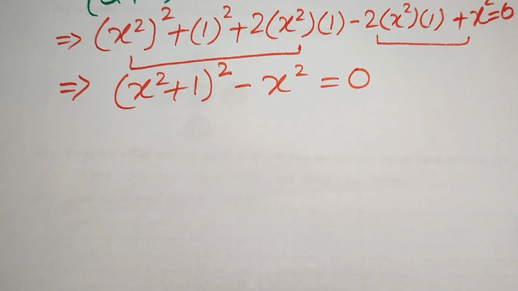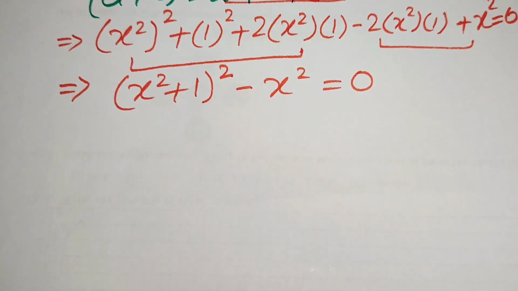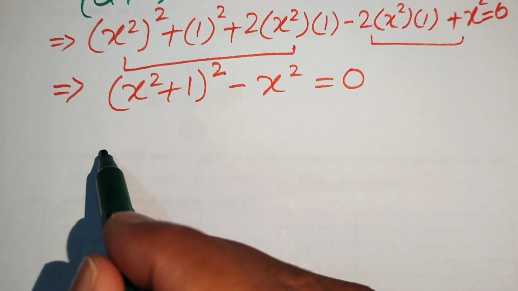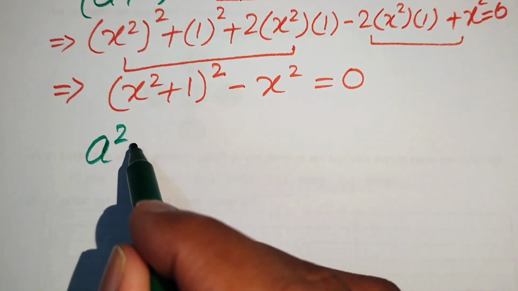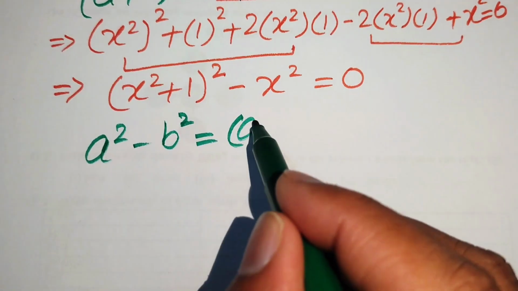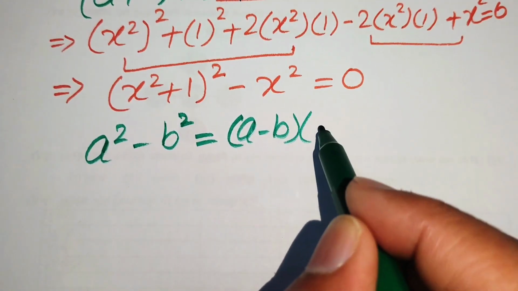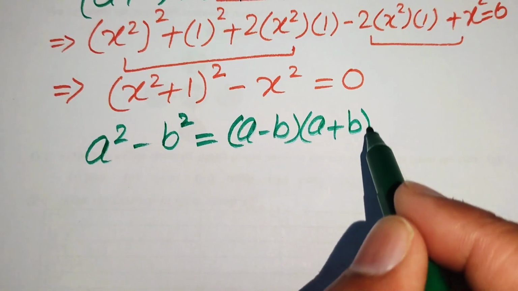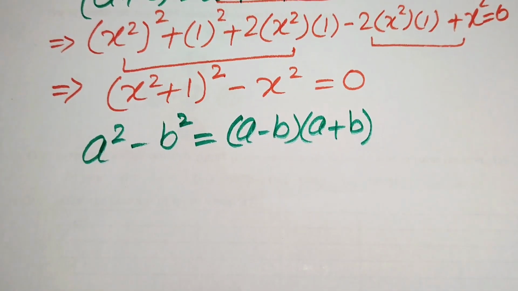After that we need another square identity, and we know that a^2 - b^2 equals (a - b) times (a + b). Here we need this nice square identity.